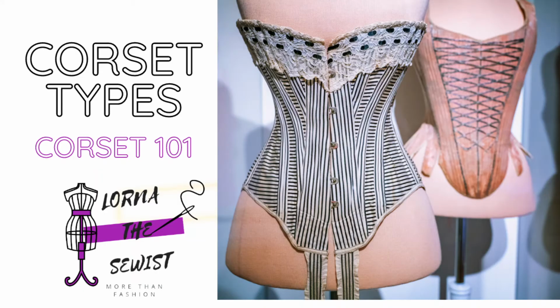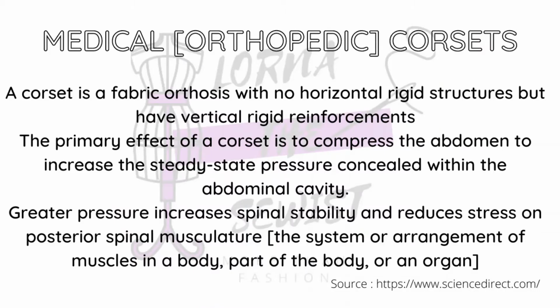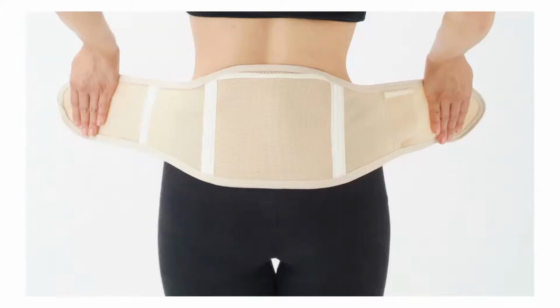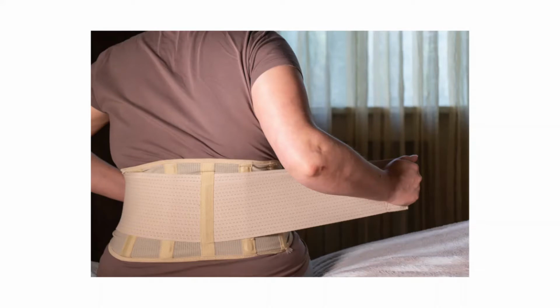So welcome, let's start. The first type of corset is the orthopedic corset or the medical corset, which is basically used to support various parts of your back depending on the injury you have. In these images you'll see what they look like.